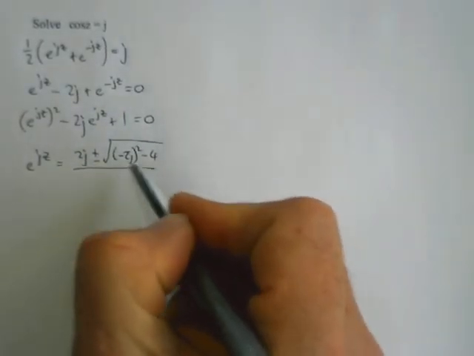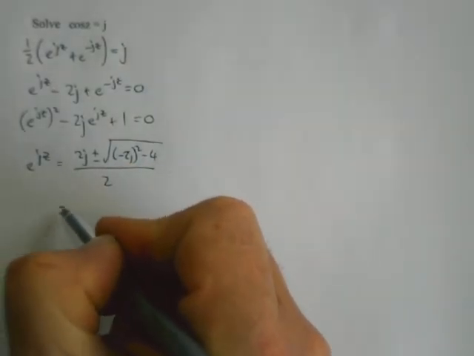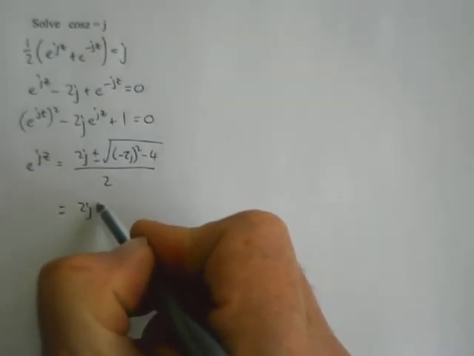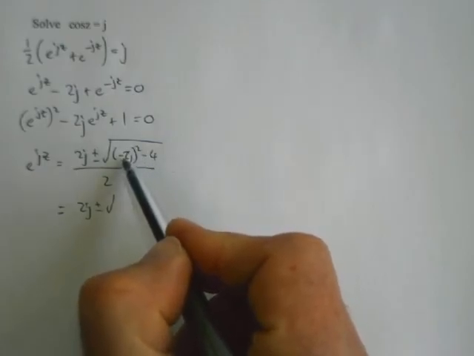Which gives me 2j plus or minus the square root of, okay, 2j squared is 4j squared, which is negative 4, so negative 4 minus 4 is negative 8, over 2.